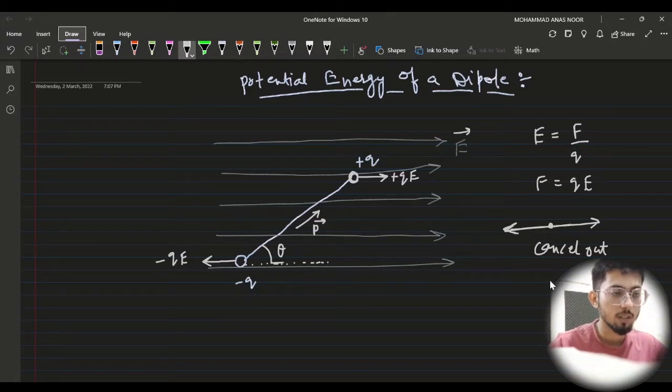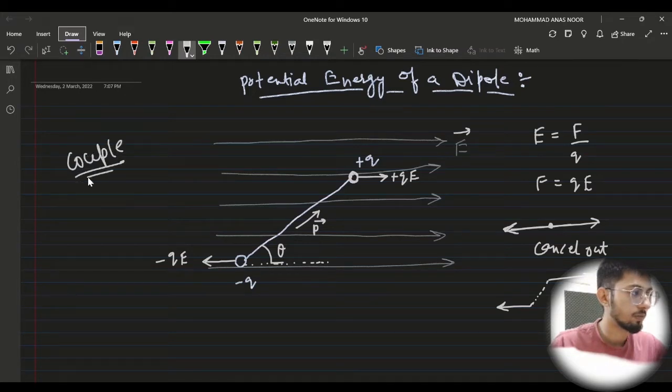One of them is here and the other one is like this. Of course they are opposite, but they are not on the same line, so that's why they form a couple. Then it starts moving. Couple means they will form a rotating torque.